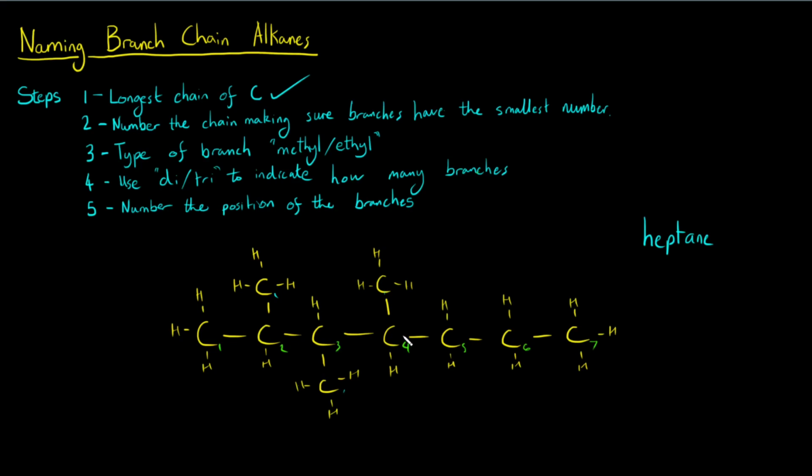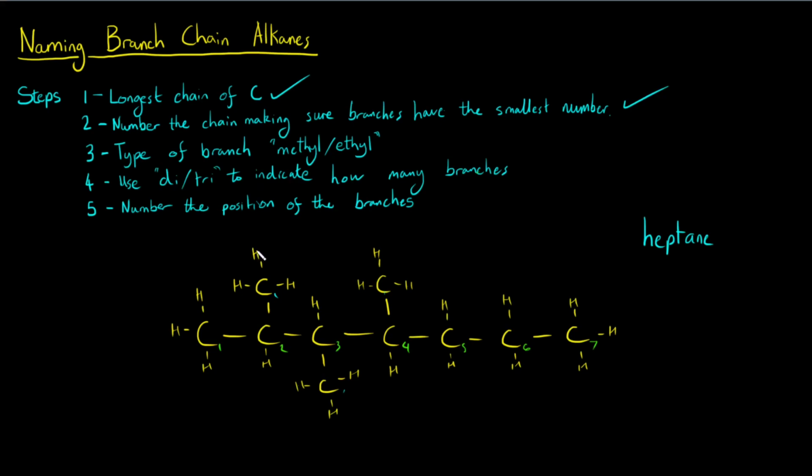If we went, however, from right to left, starting here, carbon 1, 2, 3, 4, 5, 6 and 7, well, this time we've got branches on 4, 5 and 6, which is obviously bigger than 2, 3, 4. So the numbering system must be the bottom one, the green one, from left to right. There we go, we've done step number 2 now as well.